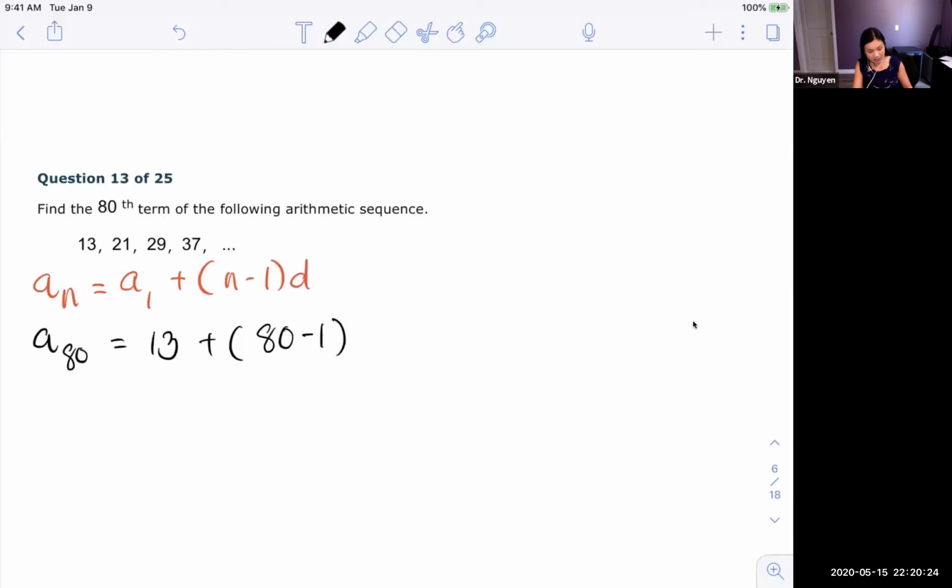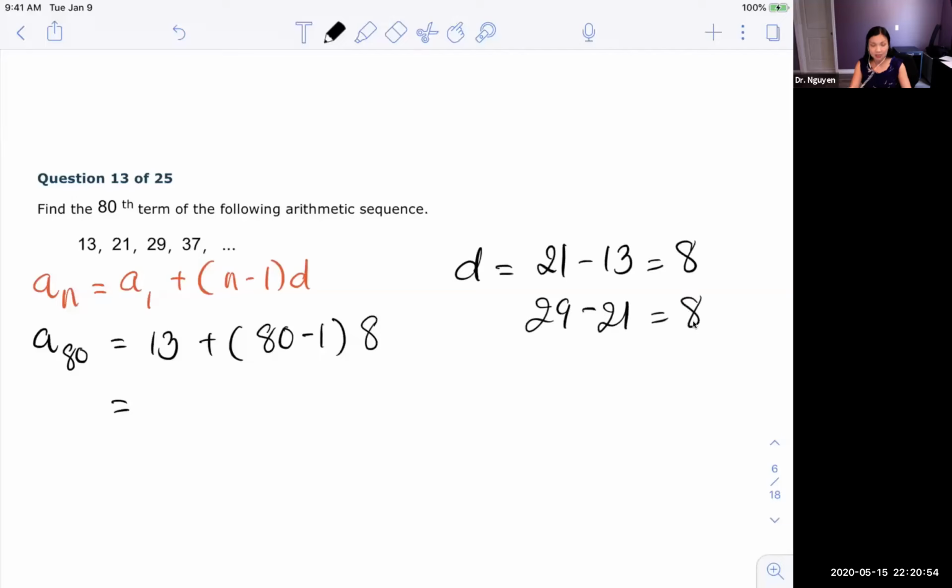So you can see that 21 minus 13 is 8, right? And then if you take 21, you add 8, you get 29. You add 8, you get 37. So d is 8. And then from there you just solve it. Let me write down: 21 minus 13 is 8, 29 minus 21 is 8.